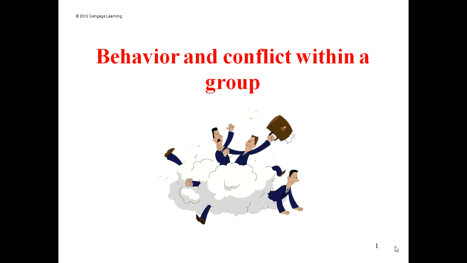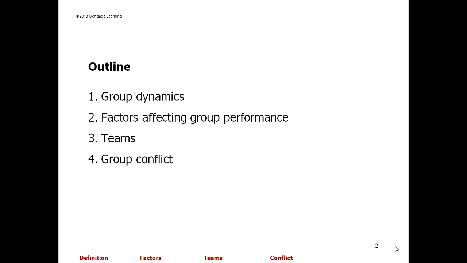We have just seen the outline of groups and how teams work in an organization, and the importance that groups and teams have. As per the syllabus, we have a limited amount of topics for this chapter, as per your textbook also. You can outline this for four areas: group dynamics, factors affecting group performance, teams, and group conflict.